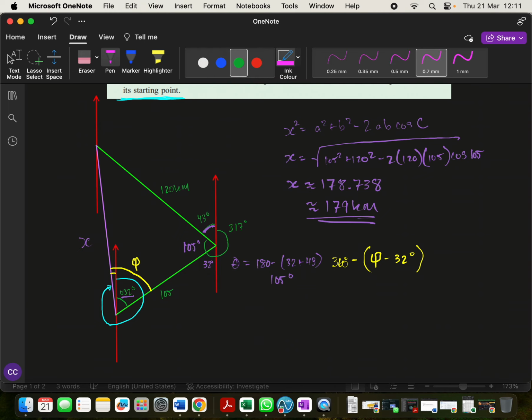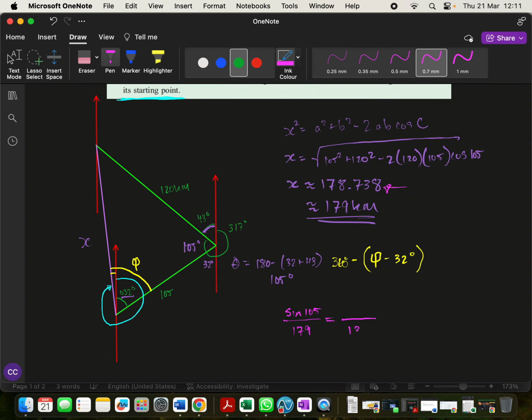In order to do that, we're going to have to use the sine rule. The sine of 105 over that 179. Again, when I put it in my calculator, I'm going to use the exact value from the full calculator display.